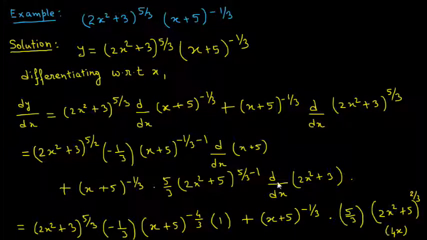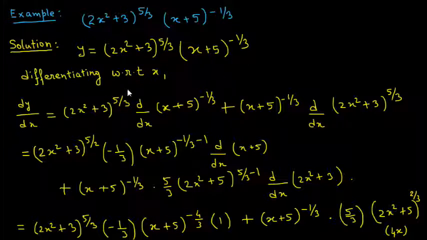So the next example is, we have to find the derivative of (2x square plus 3) to the power 5 by 3 times (x plus 5) to the power minus 1 by 3. So let y is equal to (2x square plus 3) to the power 5 by 3 and (x plus 5) to the power minus 1 by 3.